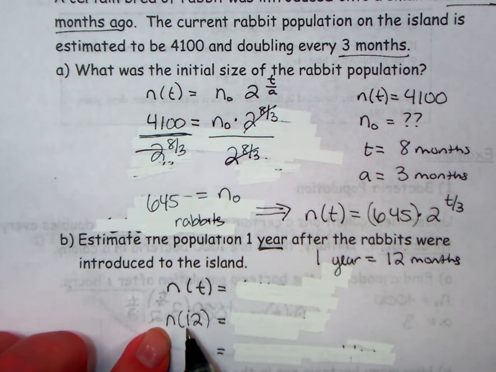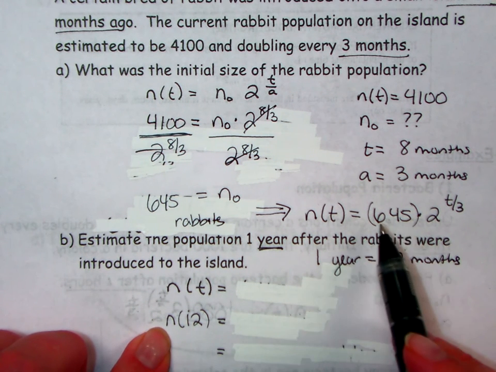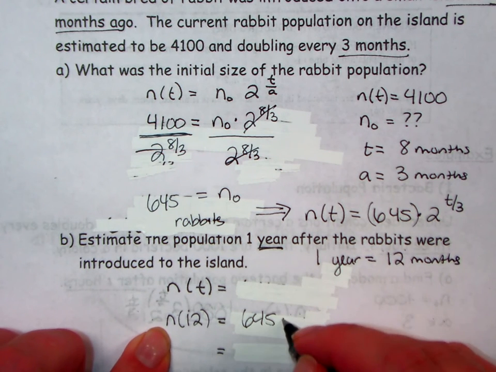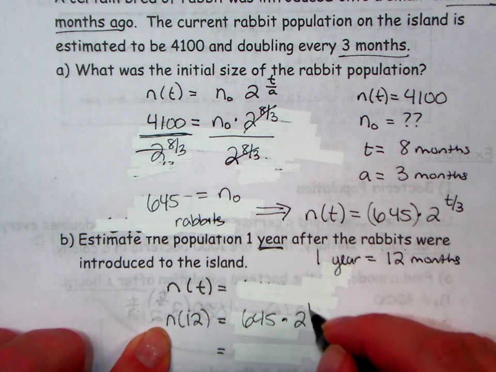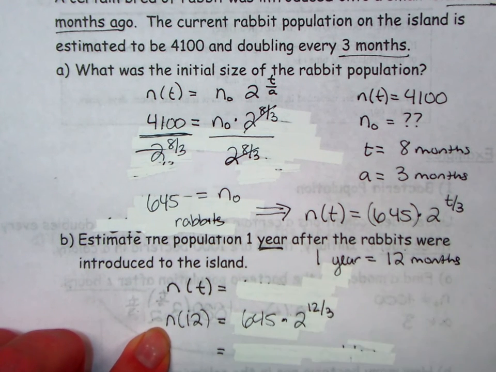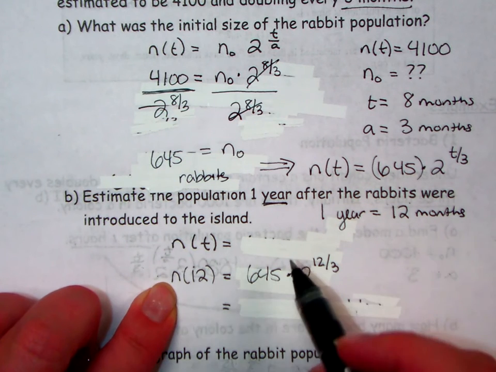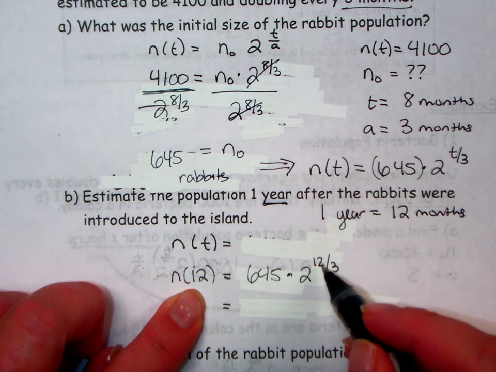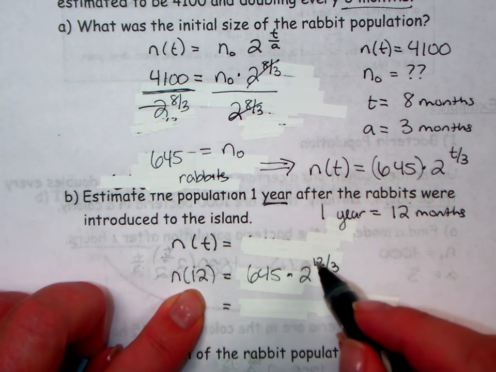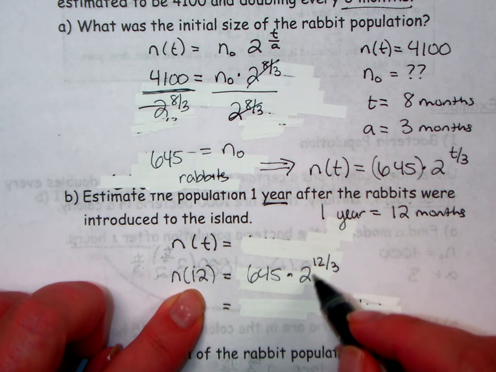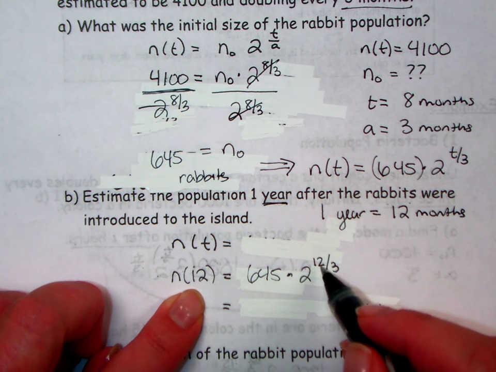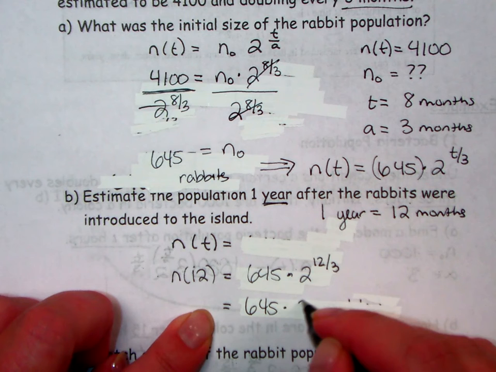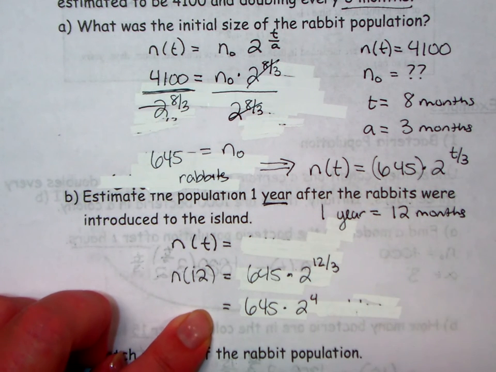So when we plug 12 into the equation, we want to make sure we use 645 for n sub 0 times 2 to the 12 over 3. Okay. So after 12 months, it will have doubled 4 times. Everybody agree? So that's when we do 12 divided by 3, and we get that exponent of 4 here, that's doubling 4 times over. So we're going to get 645 times 2 to the 4th.